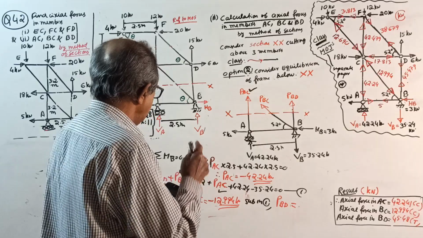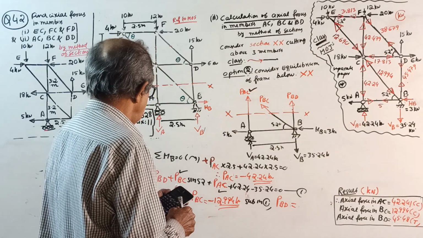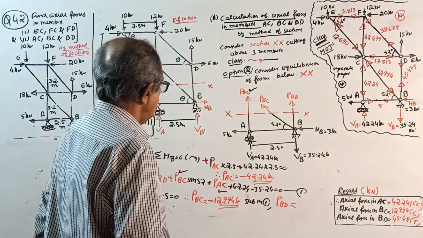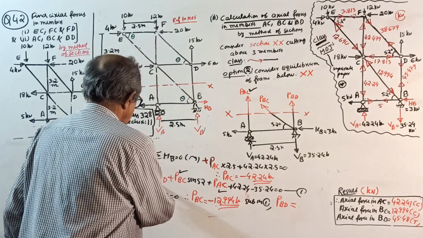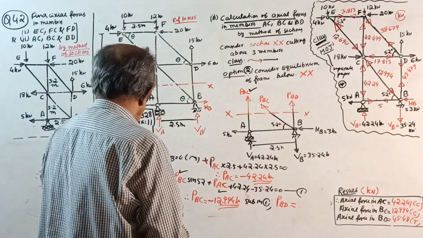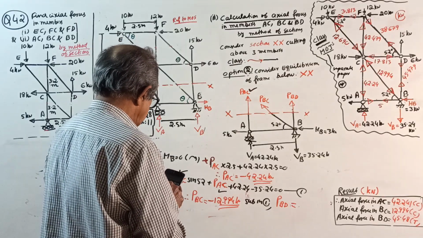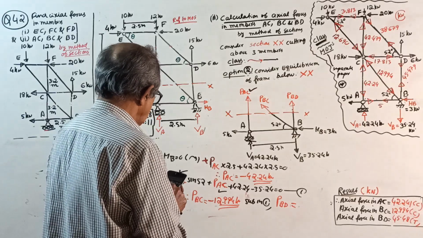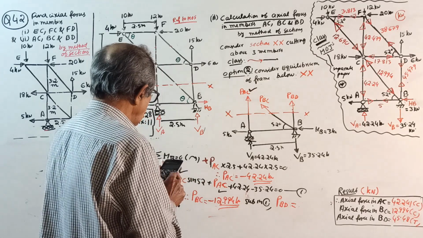Something wrong. One minute now. It is actually how much it is? One minute. PBC, PAC, which one? Here you are substituting. PBD equal to how much? PBD you are not taking. PBC. PBC is minus. Okay. Minus 12.994 into sin 52 plus PAC. Oh, again minus 42.24.